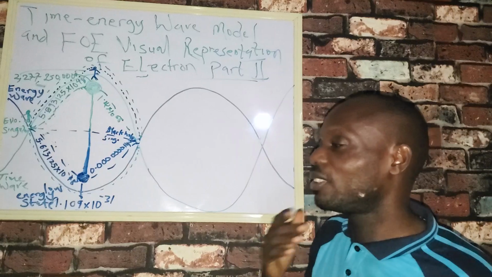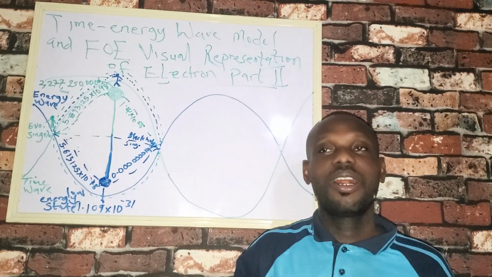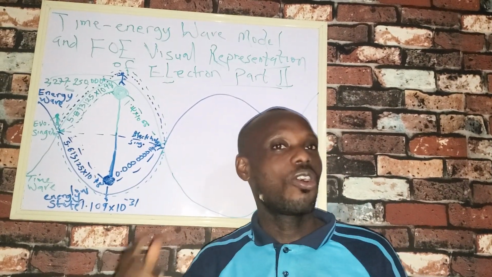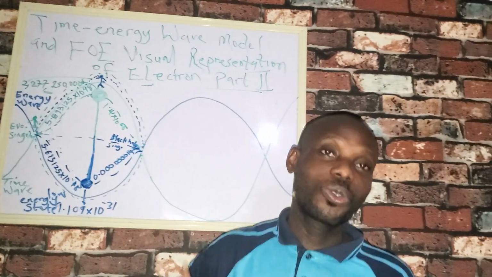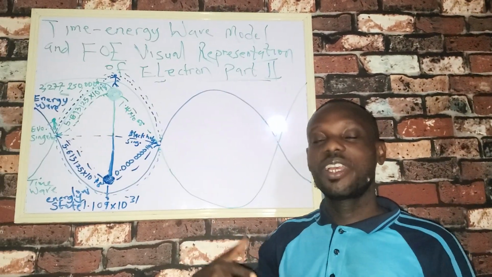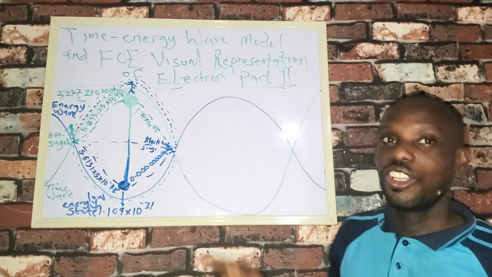So what I'm trying to say is that we don't need to base our observation on the symmetrical nature of wave, but the symmetrical nature of wave is needed to have an equilibrium point, which is the point of singularity.